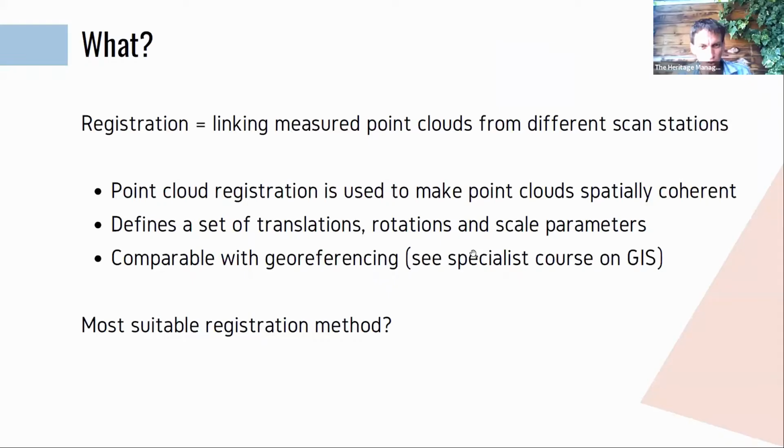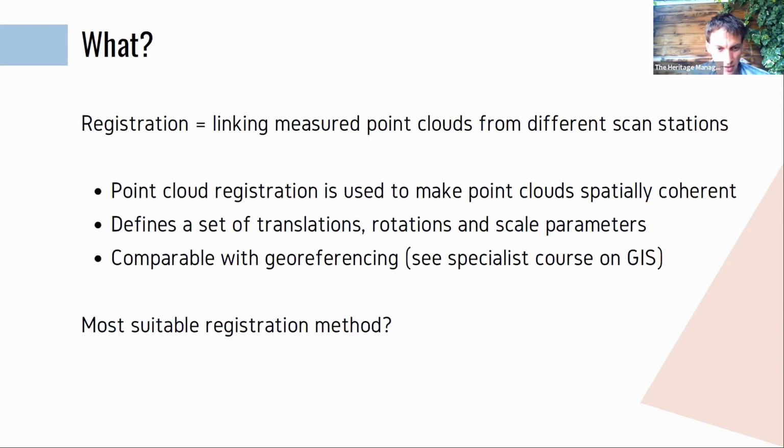It's actually, from that perspective, quite comparable to what you will see with georeferencing. Voila, screen is shared. So it's the process of making different point clouds spatially coherent, and it actually defines a set of translations, rotations, and scale parameters for each and every point in our point cloud collection.